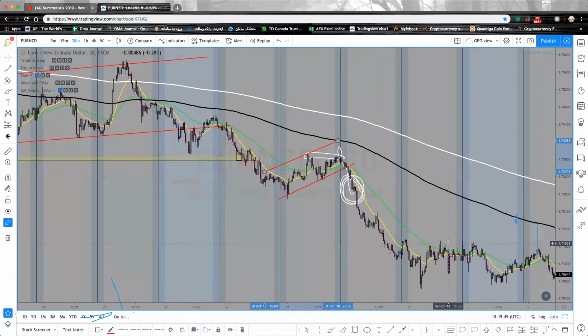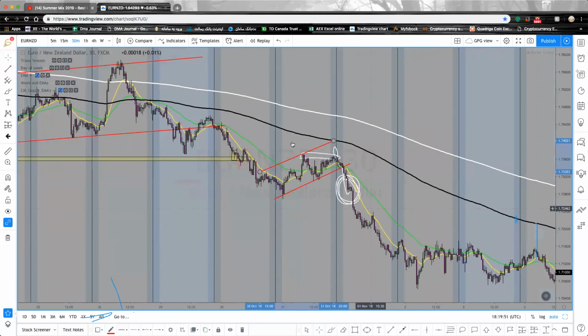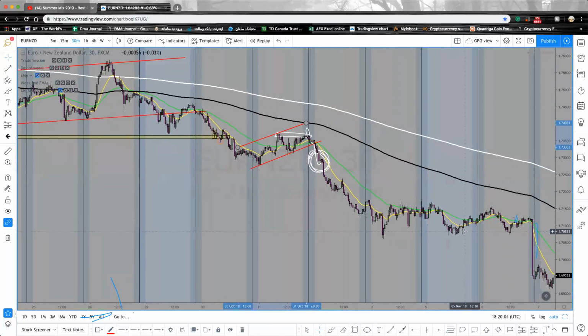So the week is done. So you could take the trade on Monday, you could take the trade on Tuesday, you could have taken the trade on Thursday and made money off this pair. We go to the next week.